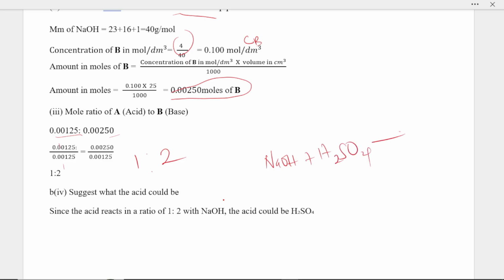So, when you suggest H2SO4, when you balance your chemical reaction, you're going to be having Na2SO4 plus H2O. When you balance the reaction, you're going to see that you're still going to have 1:2. This is your acid and this is your base. If you choose another acid, let's say for instance HCl, you will not get the same thing. And HCl is not dibasic.